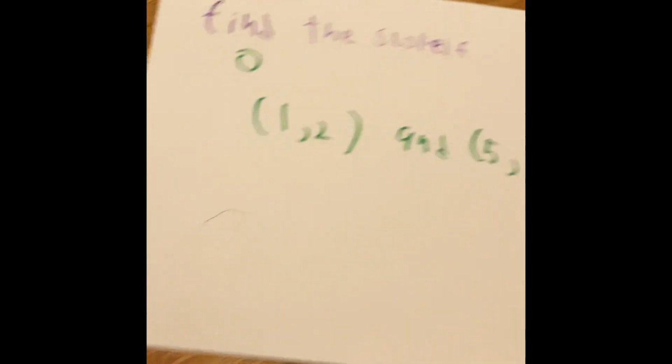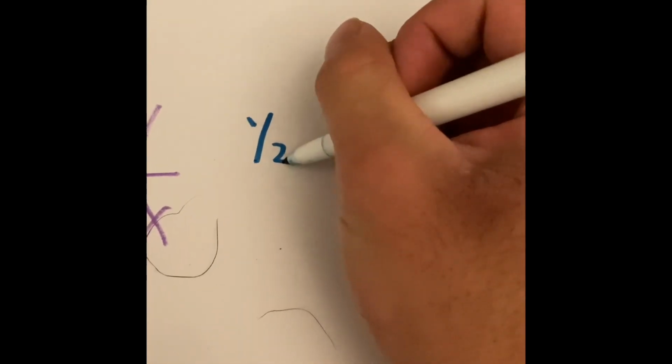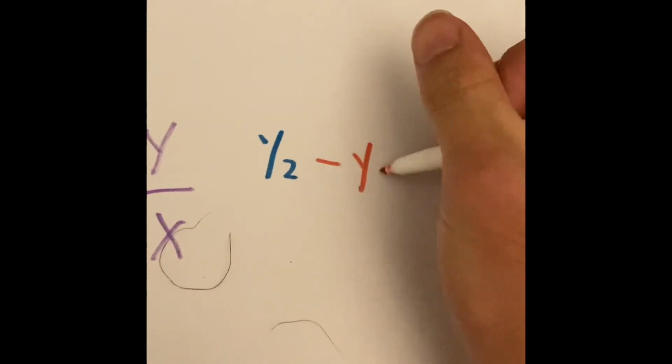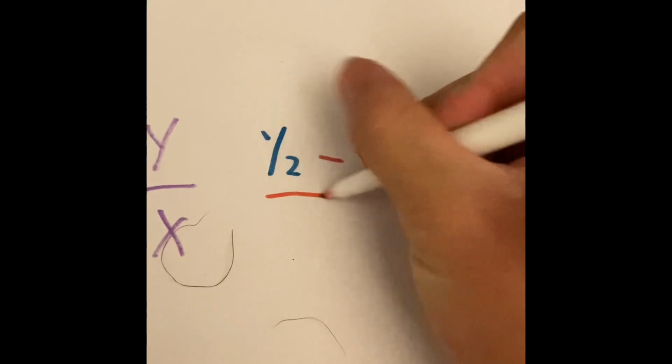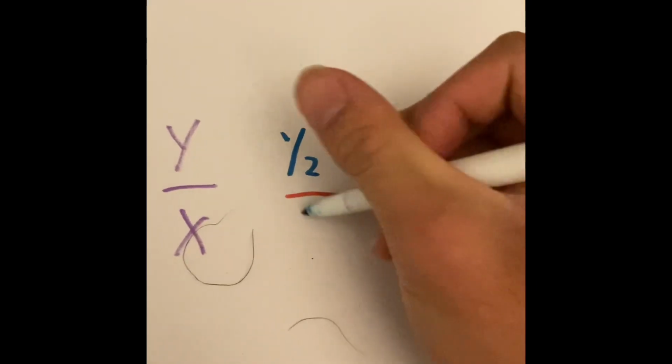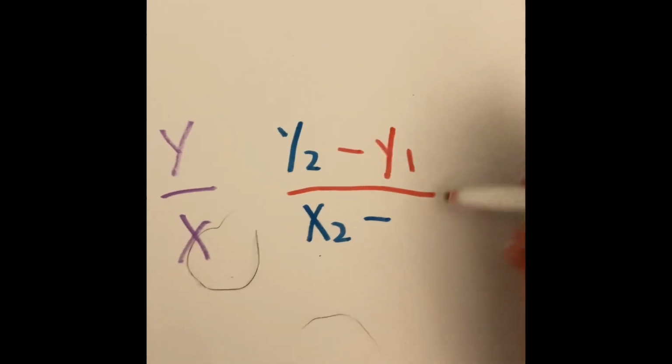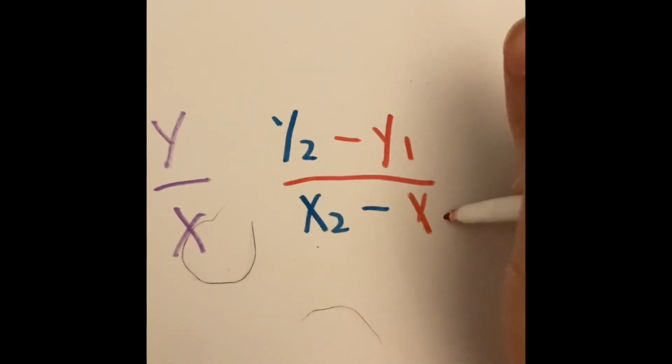But when you have 2 points and you try to find the slope, we take the second y, subtract the first y, and divide that by the second x subtract the first x.